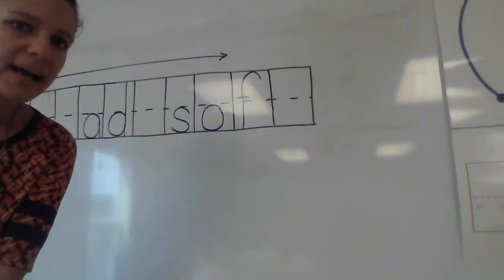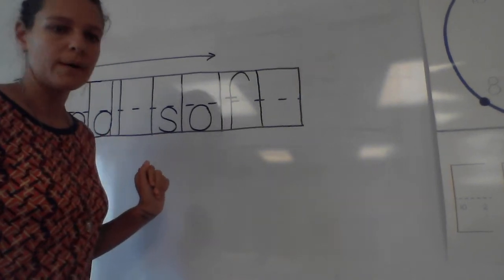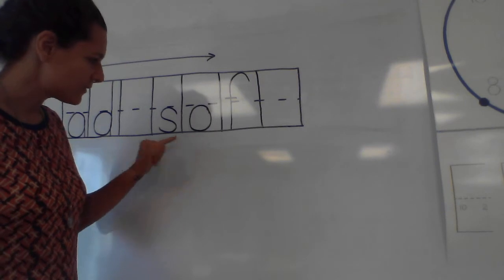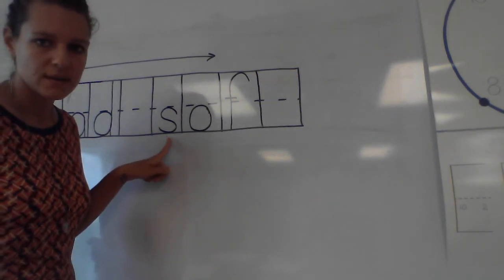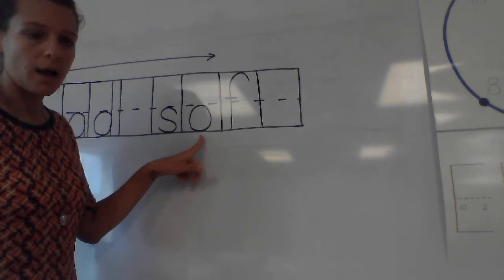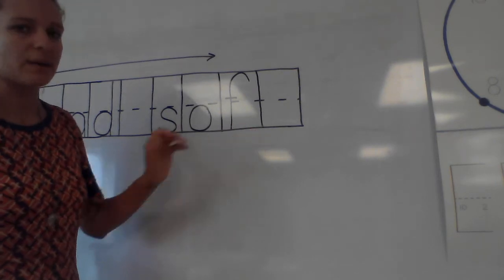This one has 3. We're going to make our brains work more. Let's see if you can say the sounds by yourself. What is the first sound of this? Good. S. How about this? Good. And f. This one only has 1 sound.